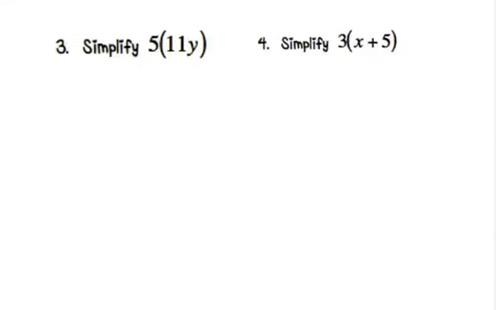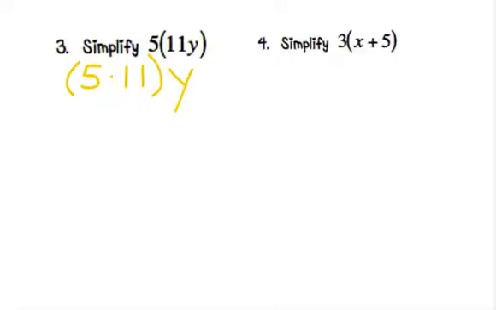Number 3, we have to simplify 5 parentheses 11y. Now you need to know that a number outside of a parentheses means multiplication. So that's basically 5 times 11y. Well, what we need to do first, because 11 can't be multiplied by y and that doesn't help us since we don't know what y is, is put the 5 times 11 in parentheses like this, and then we'll leave the y out here.